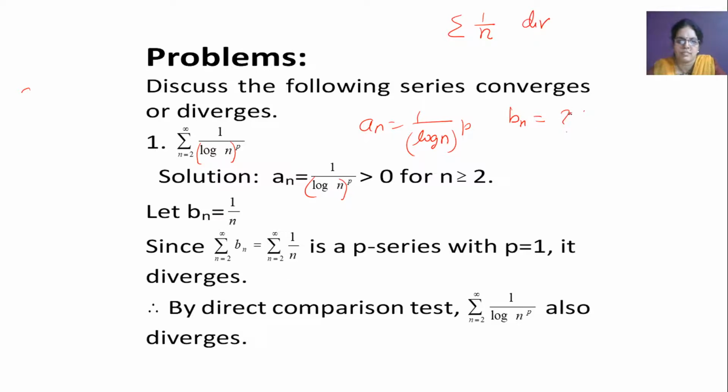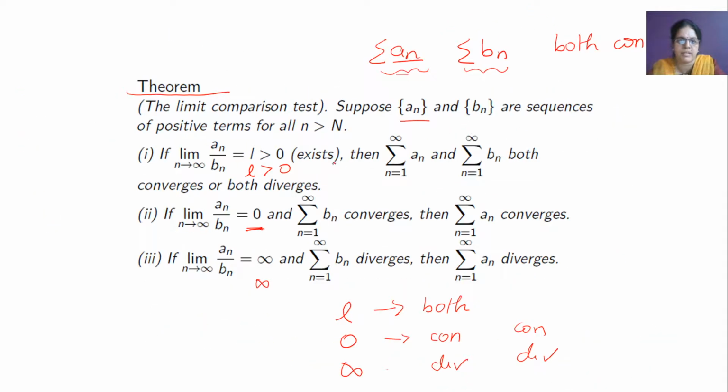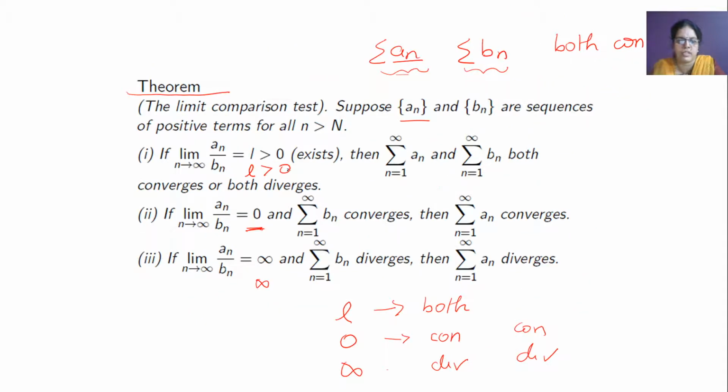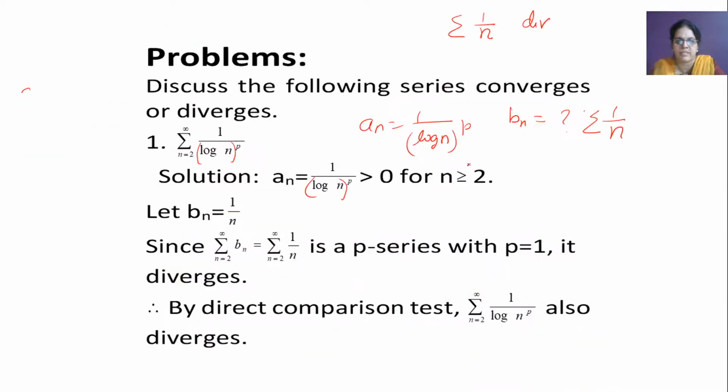So let us compare it with sigma 1 by n, and we have to compare either using the first test, the limit comparison test, with terms less than or greater than, or you have to take the ratio. So I will use the direct comparison test.